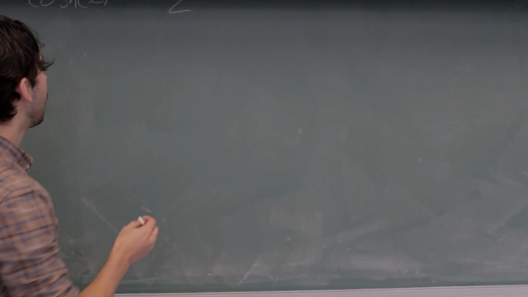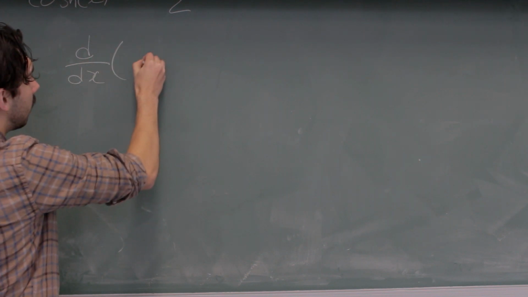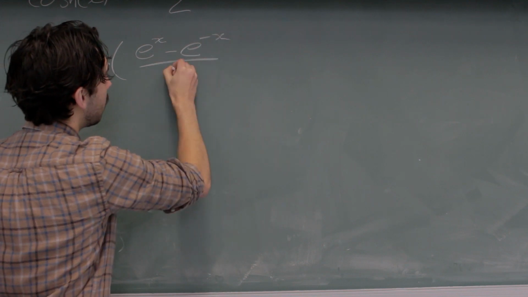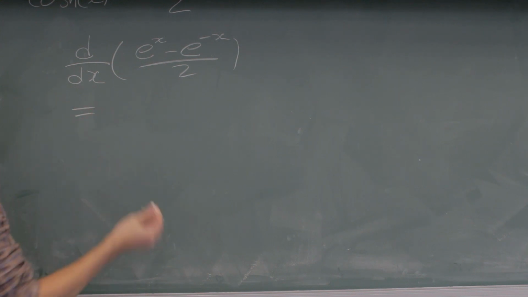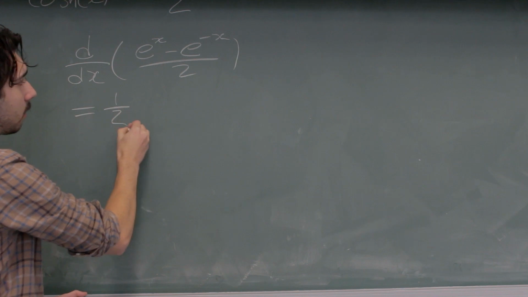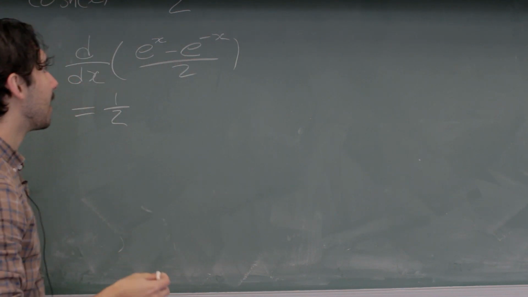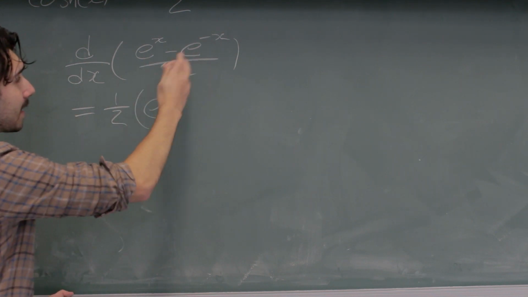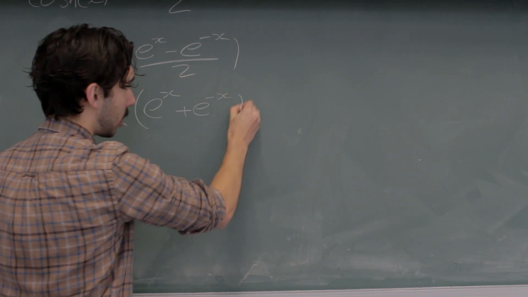So if we differentiate sinh, which is e to the x minus e to the minus x over 2, this is the definition of sinh. Let's see what we get. You could factor the 2 out, so I'll do a half here, and then we'll differentiate e to the x minus e to the minus x. e to the x differentiates to e to the x, and minus e to the minus x differentiates to plus e to the minus x via the chain rule.